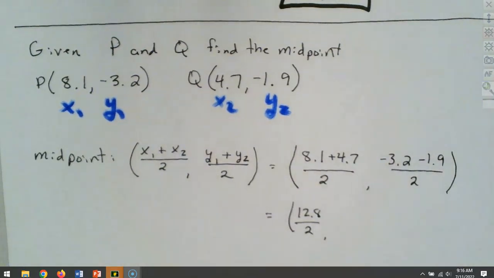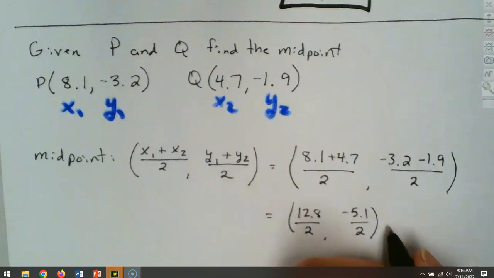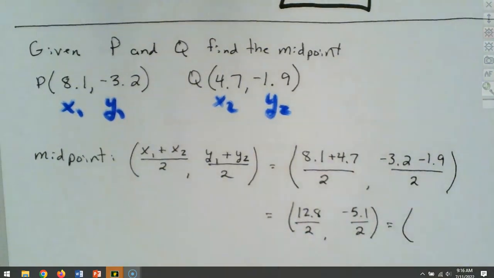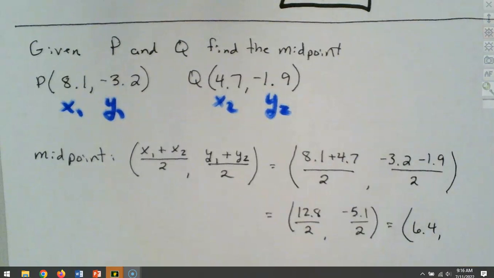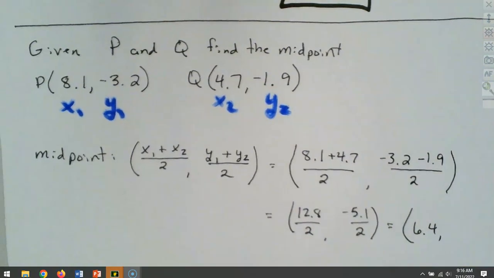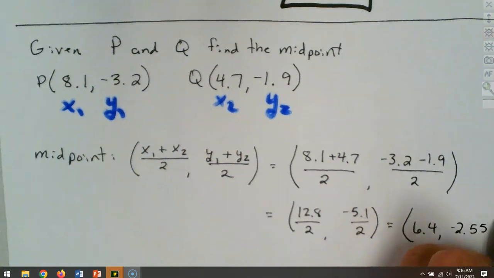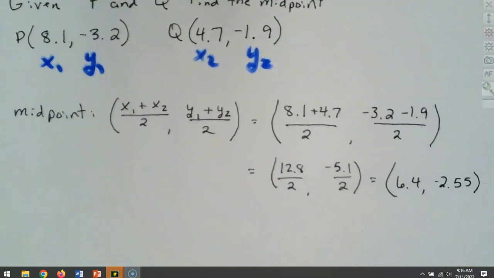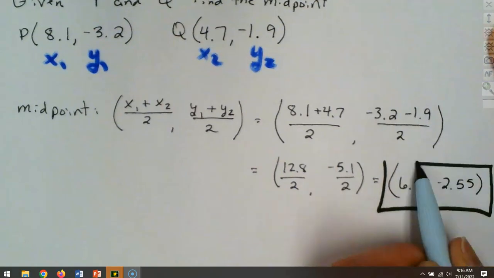And minus 3.2 and a minus 1.9, that's a minus 5.1 over 2. And then we just divide them through. And that comes out to be a 6.4. And 5.1 divided by 2, well, that's a minus 2.55. So very, very simple on these. 2-1 is a very quick, easy section to go through.